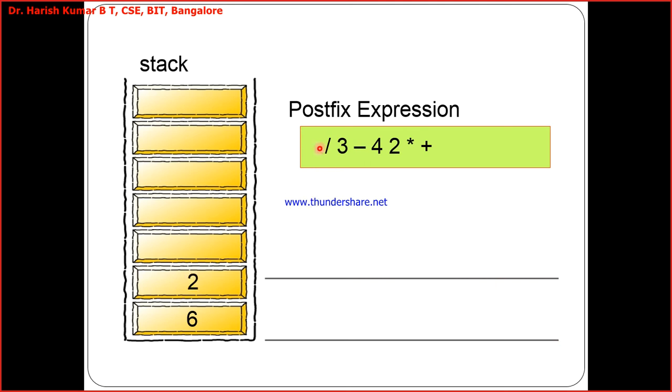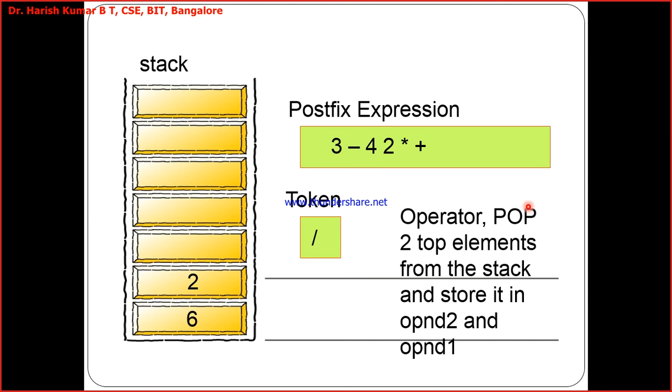Next again we start scanning. The next token that is scanned is divided by. So it is an operator. So pop two top elements from the stack and store them in operand 2 and operand 1. We pop 2 and it gets assigned to operand 2, and we pop 6 and it gets assigned to operand 1.